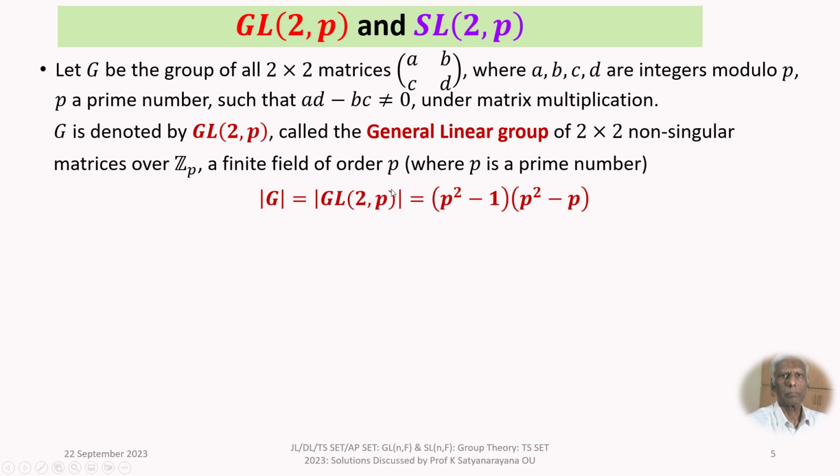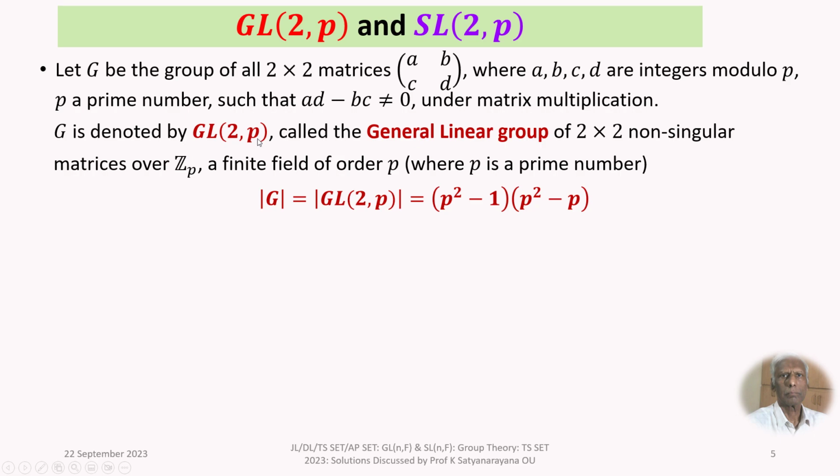And for the order of GL2(Zp), this is the formula you have to remember. It's very important and you can use it wherever it is necessary. The order of GL2(Zp) is equal to (p squared minus 1) multiplied by (p squared minus p). Agreed.